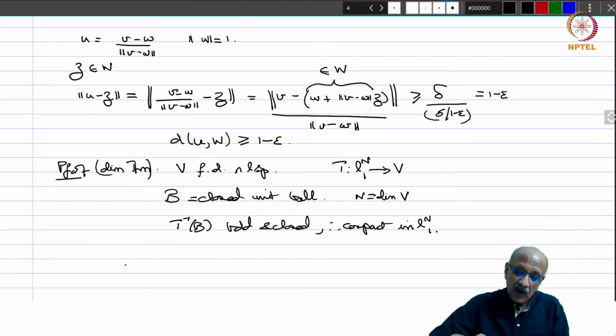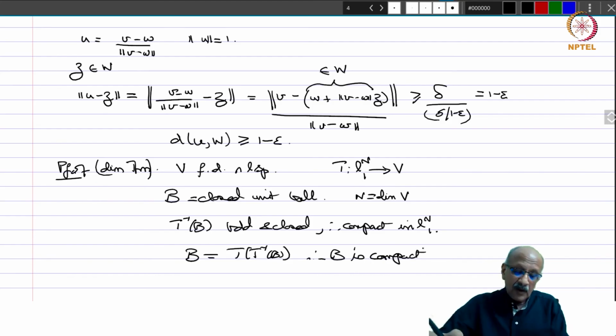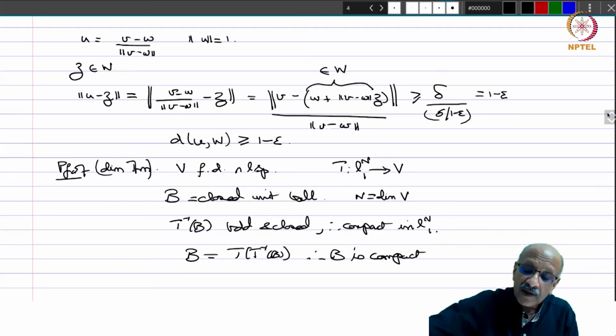Continuous image of a compact set is compact. So B is T of T inverse B, and therefore B is compact. So this shows that if you have a finite dimensional space, the closed unit ball is always compact. This is of course expected.